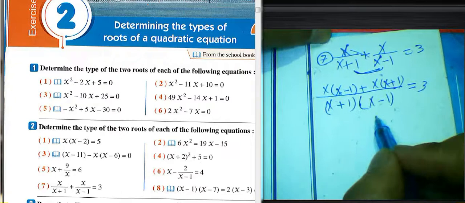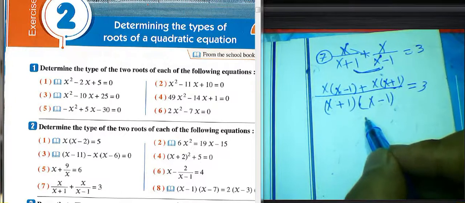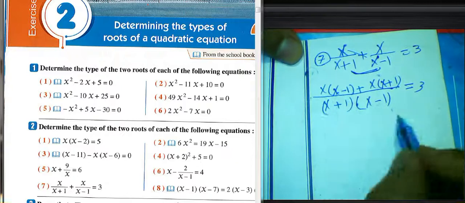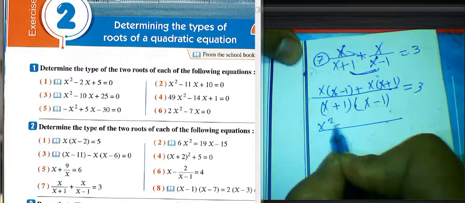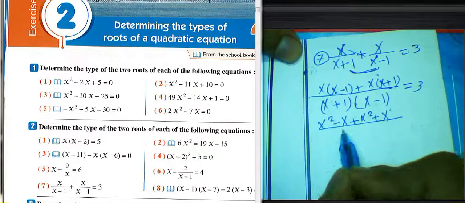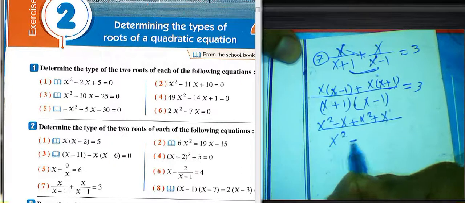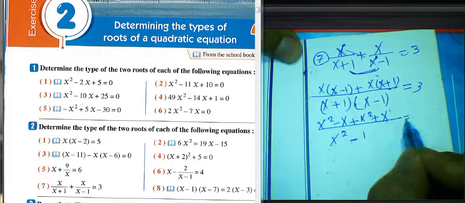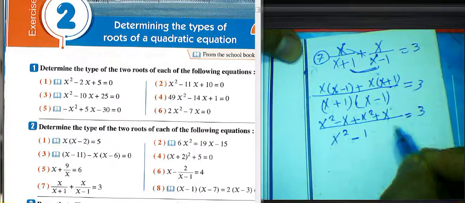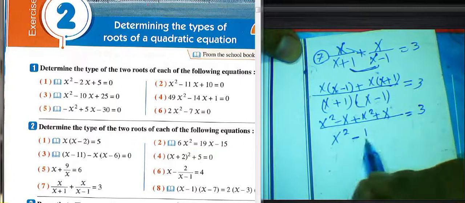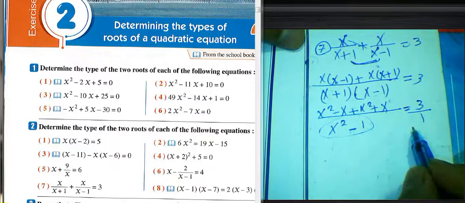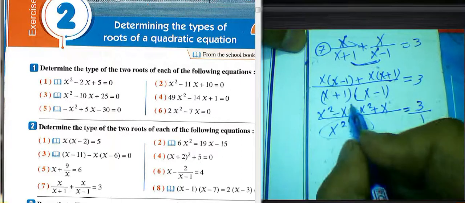So we can find the result: x multiply by x equals x power 2 subtract x plus x power 2 plus x, over x power 2 subtract 1, because we have the conjugate. Then 3 multiplied by the denominator, we find the result by extremes and means.